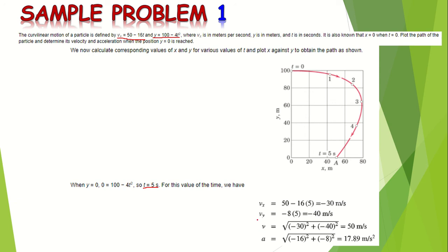From the formula, we have the square root of the components. You square this one plus the square of this one, then take the square root, so that would be our v, which is equal to 50 meters per second.